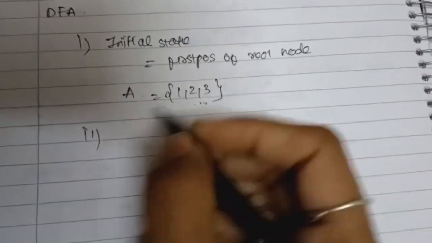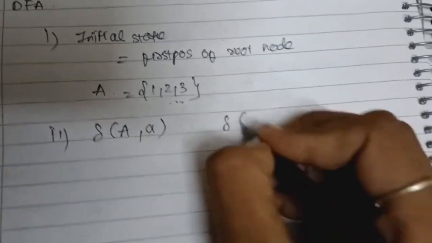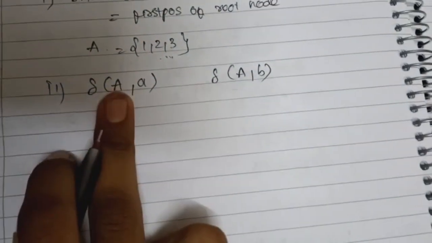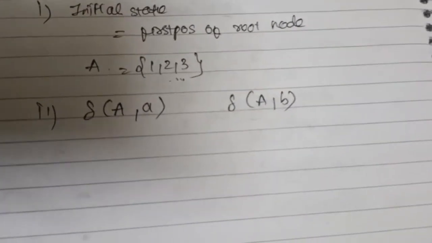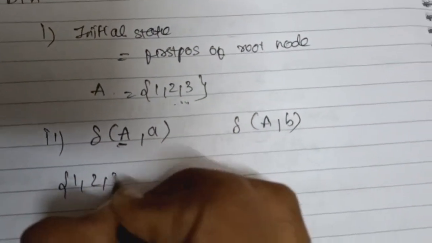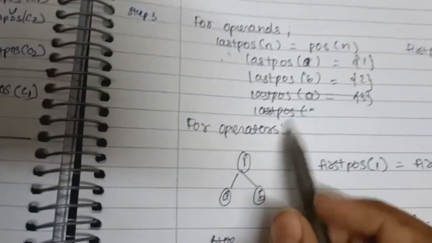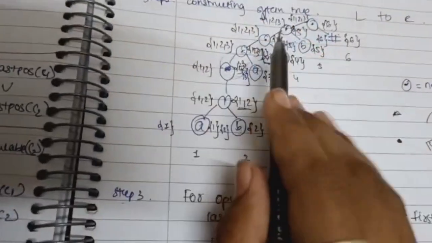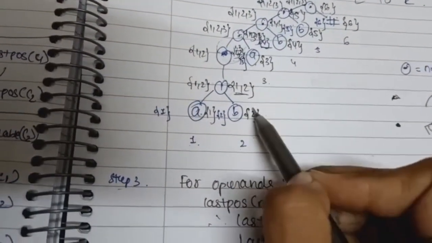Our second step is to calculate the transition function of A. My input symbols are a and b, so I'll calculate the transition functions with a and b. While calculating them, we use the follow positions. In A we have 1, 2 and 3, so I'll go for 1 with a, 2 with a and 3 with a. In the syntax tree, for 1 there is a, yes. For 3 there is a, yes. For 2 there is no a.